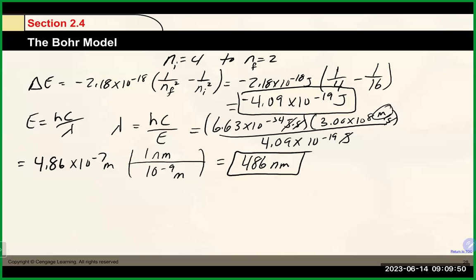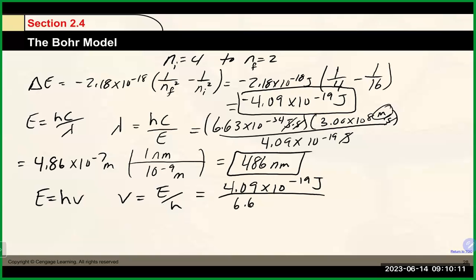At that point, we could get to our frequency. Again, however you want to do it, could also use E equals H times the frequency. Given our frequency, E divided by H. And that would be, again, dropping the negative, 4.09 times 10 to the minus 19 joules divided by 6.63 times 10 to the minus 34 joules times seconds.